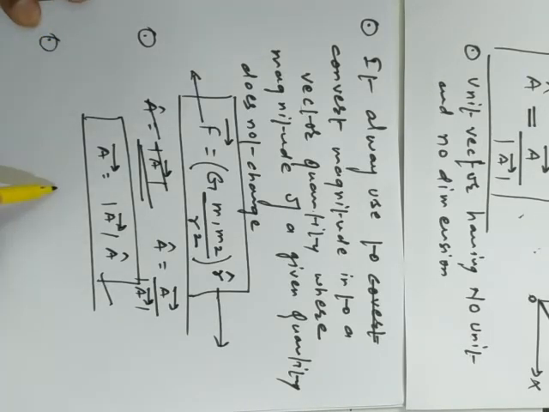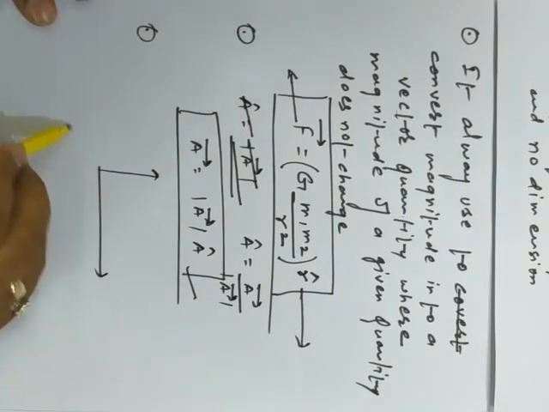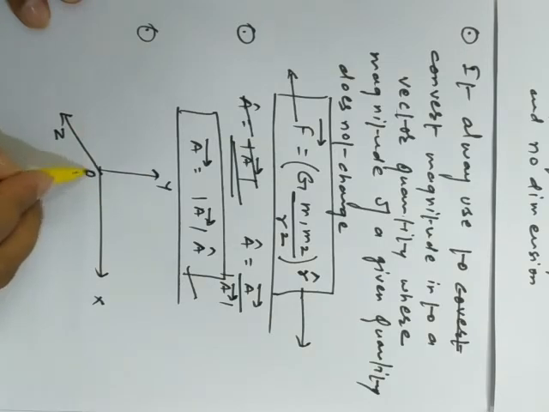Whenever we are discussing a physical quantity in three dimensions, we are using three mutually perpendicular axes, x, y and z. Along each direction we have certain unit vectors, and these are in standard form.